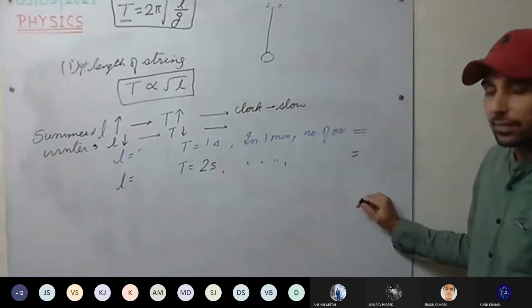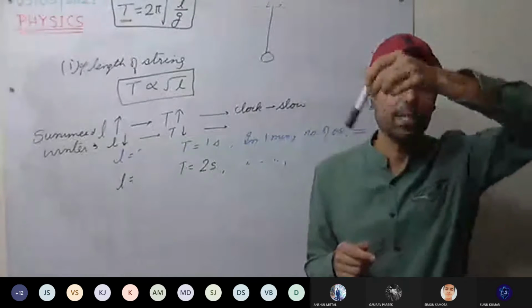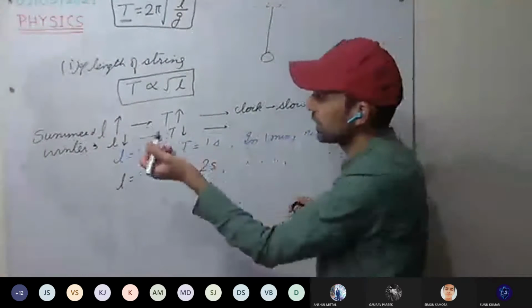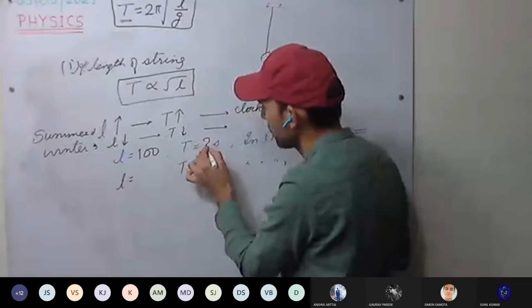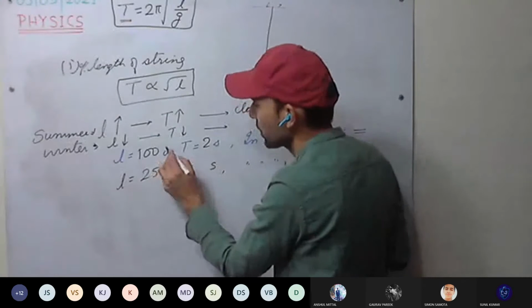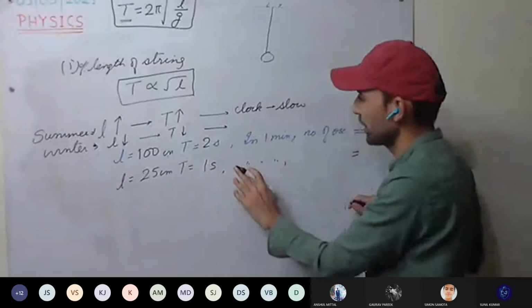As time period decreases, number of oscillations made increases. Clock becomes fast. You can take the same example, just reverse. Earlier it was 100 and now it has reduced to 25 centimeters. Now such large reduction is not there. We are taking just for explanation.